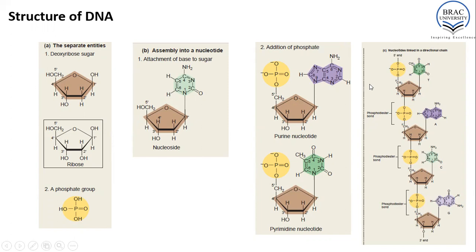Free in that sense that it is not linked to another nucleotide. At the other 3' end of the chain, it is the 3' carbon of the final nucleotide that is free.